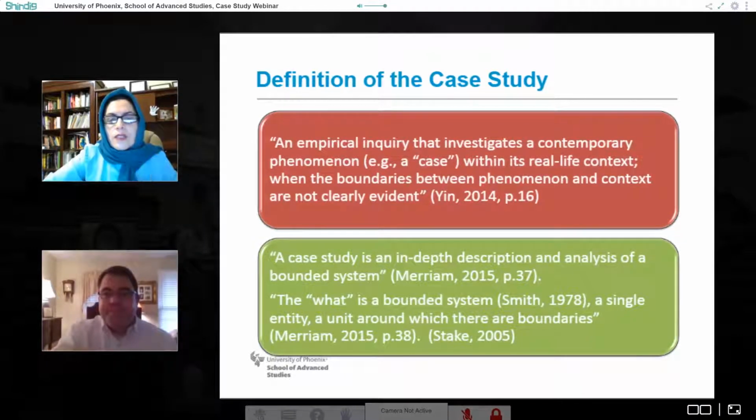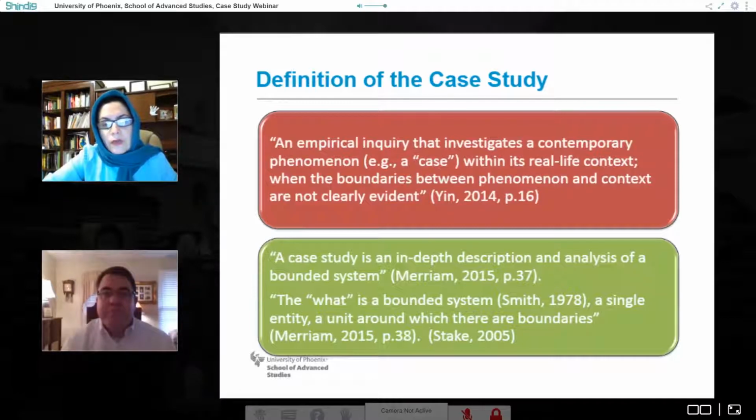Okay. So, when it comes to case study, there are a few leaders in the field of case study, and perhaps you heard about them: Yin, Robert Stake, Merriam, and Stake. These are the major leaders in the case study, and they provide slightly different definitions for case study.